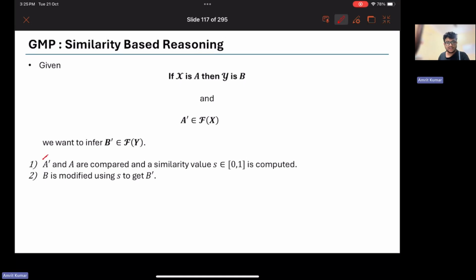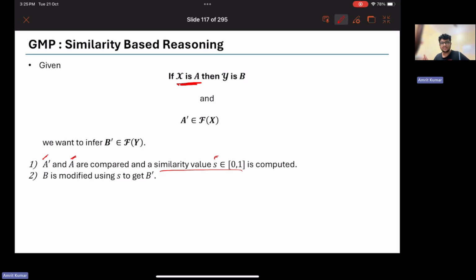Given the antecedent or input fuzzy set A dash, I compare it with the fuzzy set A, which is the fuzzy set present in the if-then rule, and I compute a similarity value S, which is some number in the unit interval. So I compute how similar A dash is to A, or to what extent A dash matches A. So we compute this value S. That tells me to what extent A dash and A match, or are similar, or how compatible A dash is to A.